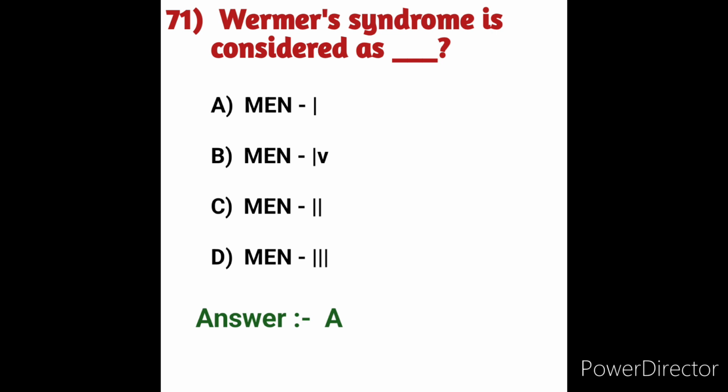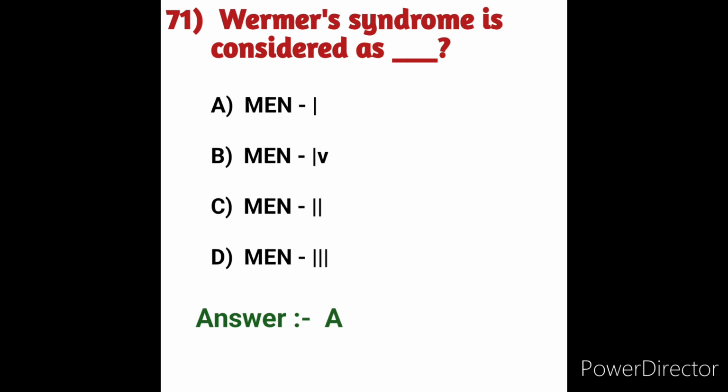Next question number 71. Wermer's syndrome is considered as option A MEN1, option B MEN4, option C MEN2, option D MEN3. Actually I have to clarify what MEN is. MEN is multiple endocrine neoplasia, means the disorder occurs in the endocrine system.